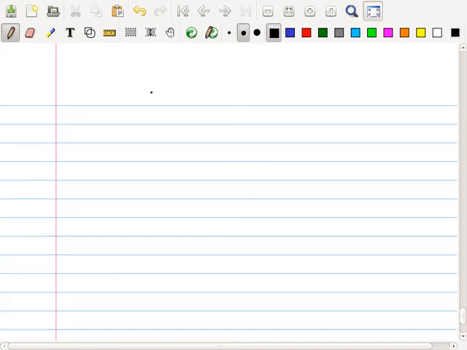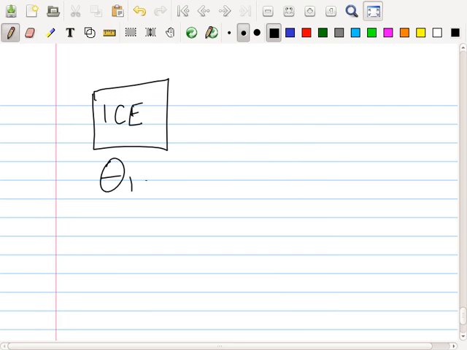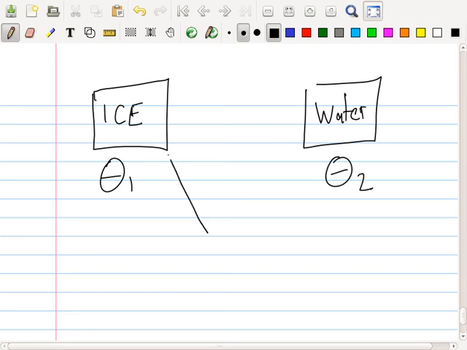Let me do an example for you with the water and the ice. I'm going to do it again, but with numbers. So here is the ice, and let's say its temperature is θ1, and here is the water, and let's say its temperature is θ2, and I put into this delta Q, and it makes it go into water.